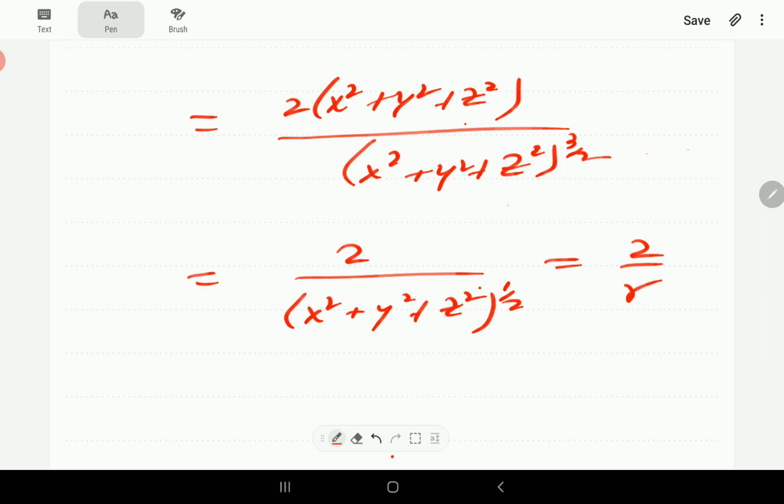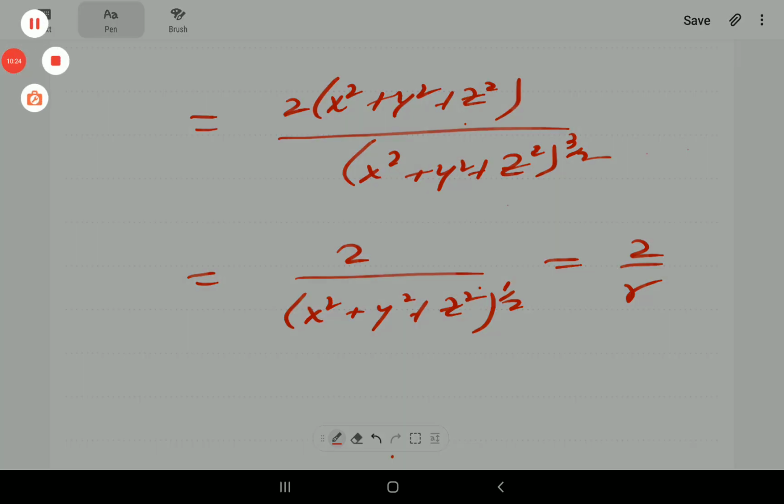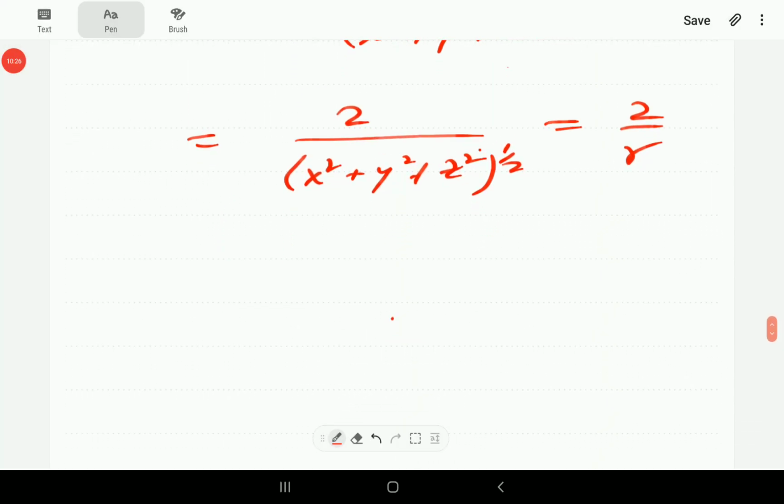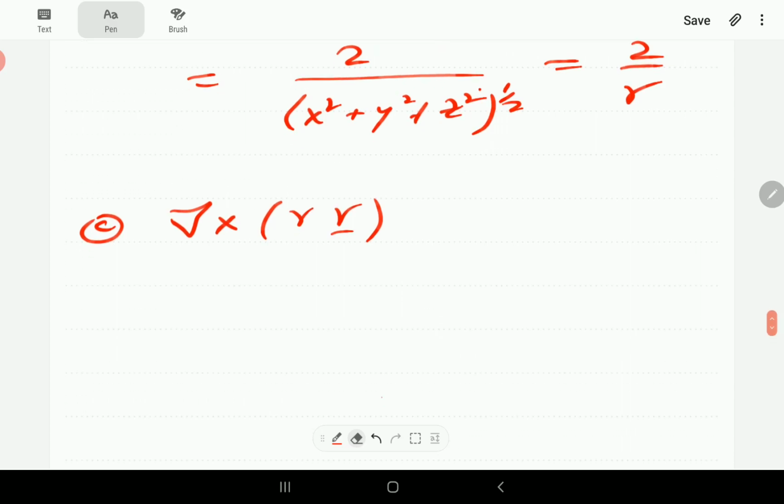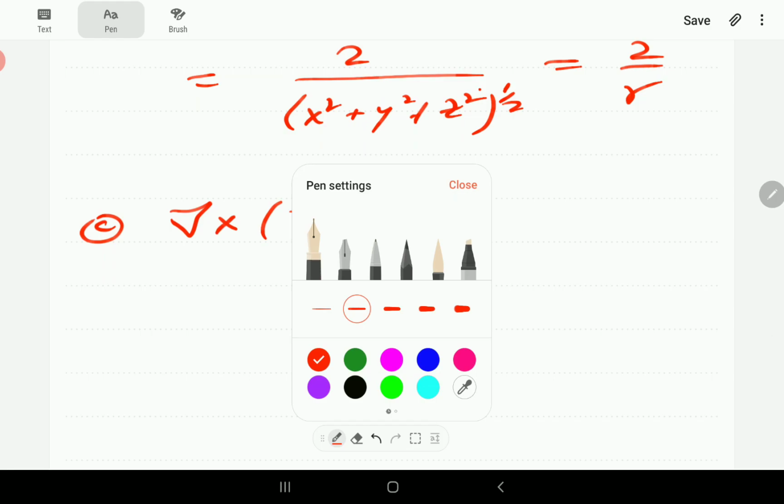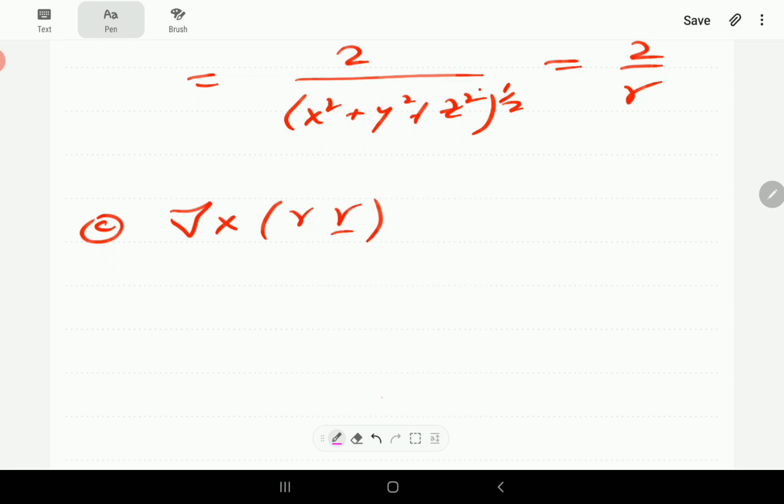So that is going to be the Laplacian of r. Then in part C we have the curl of r times the position vector r. The first thing we need to do here is work out r times r.